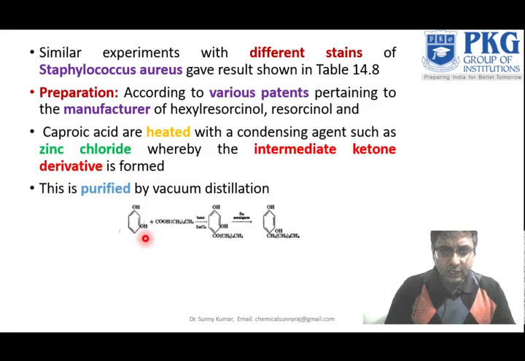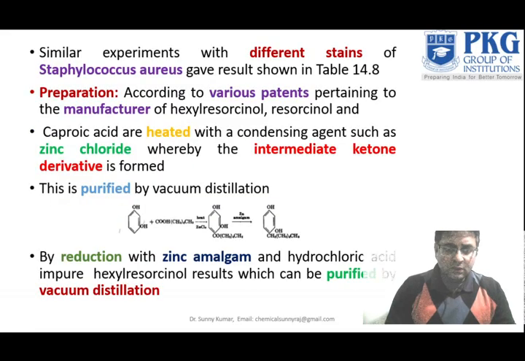This is the reaction where zinc chloride is used as a catalyst, and this is the two-step process. By reduction with zinc amalgam and hydrochloric acid, impure hexyl resorcinol results, which can be purified by vacuum distillation.